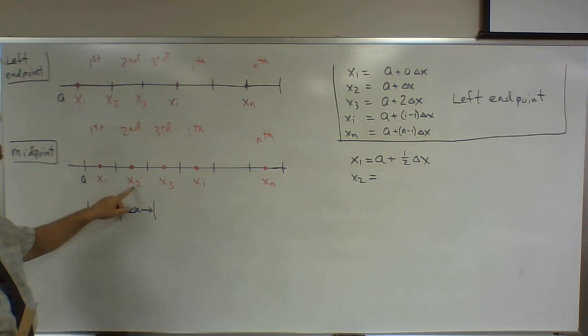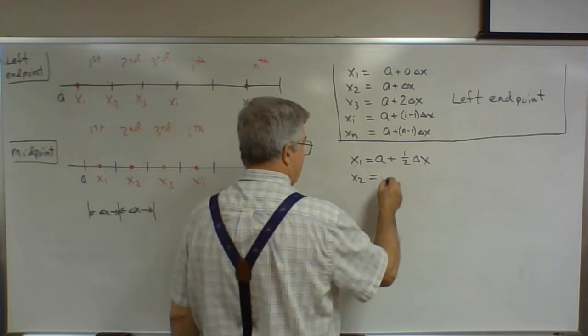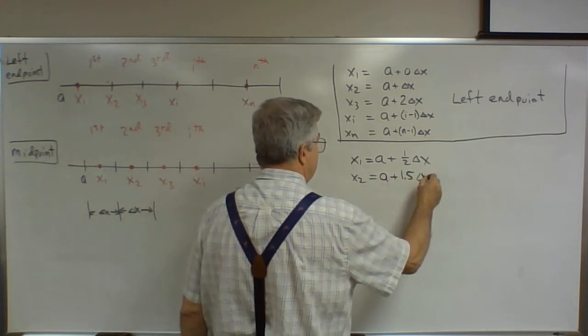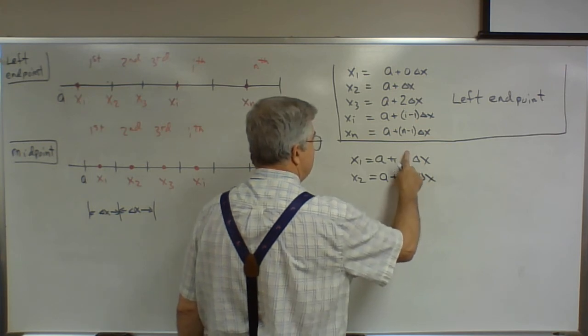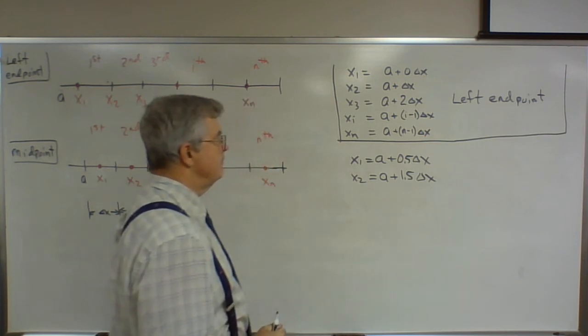From a to x sub 2, we go a distance of delta x plus 1/2. Now, how would I write that? a plus 1.5 delta x. Maybe I should write this as 1.5 delta x.